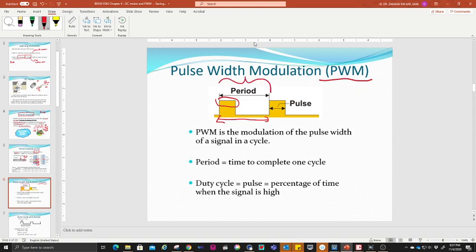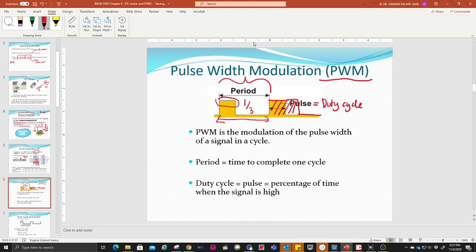So what is the duty cycle? The duty cycle is this pulse, which is the percentage of time when the signal is high. You can see from this percentage, it can be maybe 2/3, 1/3 over here. This is maybe 1/3. If you say half of it, it can be like this. This is all high and the rest is low.